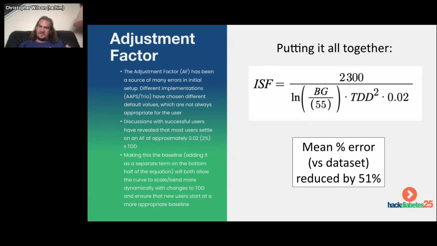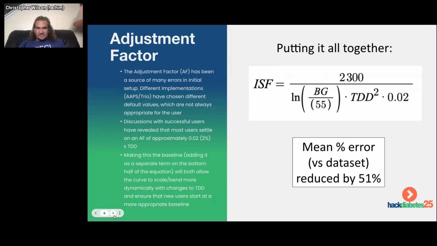So you put all that together, you get total daily dose squared. But I was able to run this equation back against the original data set and compared to what we saw versus the current equation that's in use, the mean percent error was basically cut in half against all of those points. So it's a significant improvement in fit.